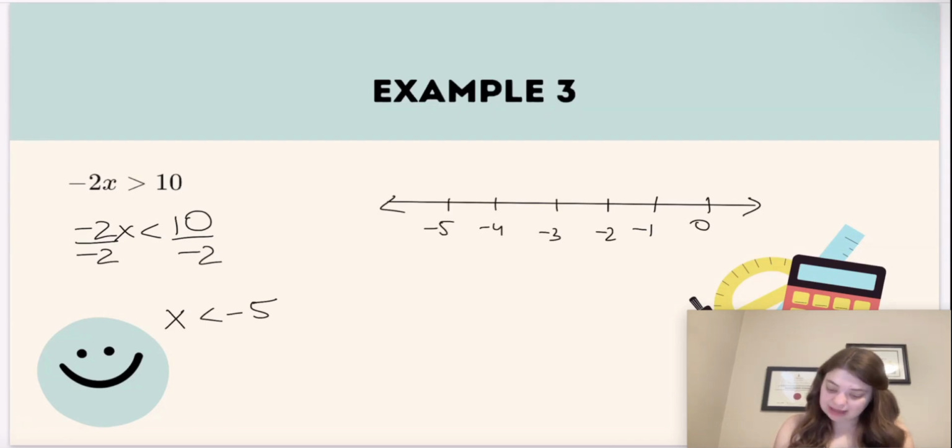So if it's strictly less, not less than or equal, I'm going to draw an open circle because negative 5 is not actually included itself. It's only anything less than it that's included in this one. And then I'm going to shade in anything to the left of it, like that. And there we go.